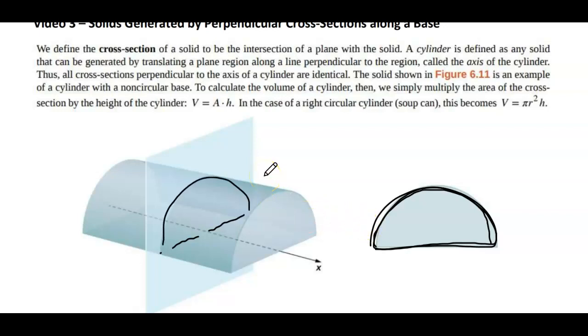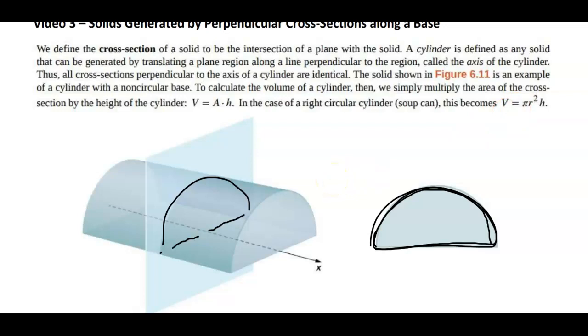So if we wanted to find the volume of a cylinder, we always do the area of the base times the height of the cylinder, which for a normal cylinder would be pi r squared times h.